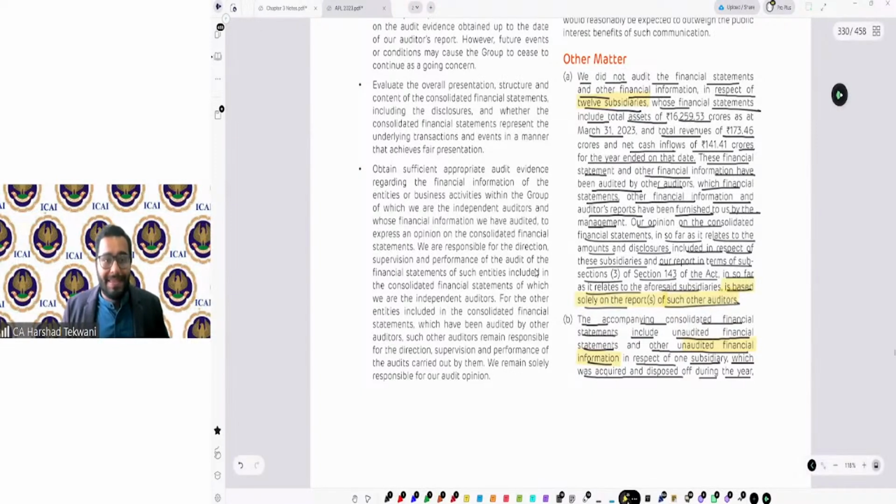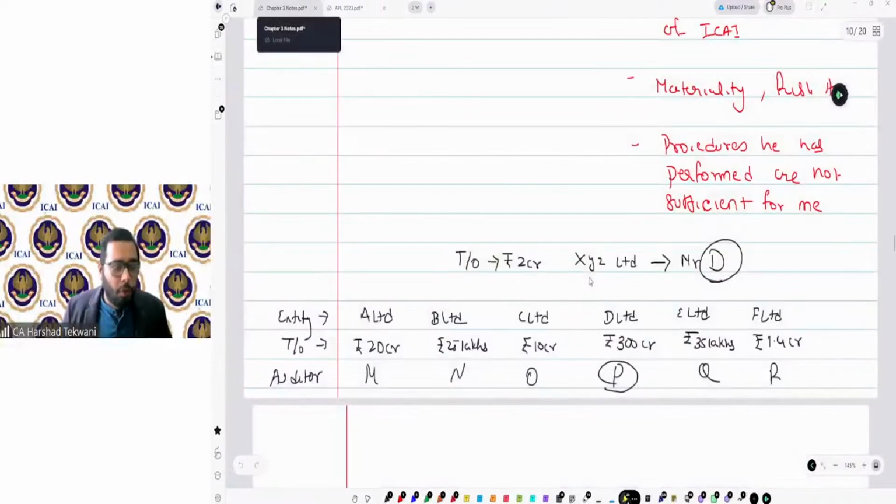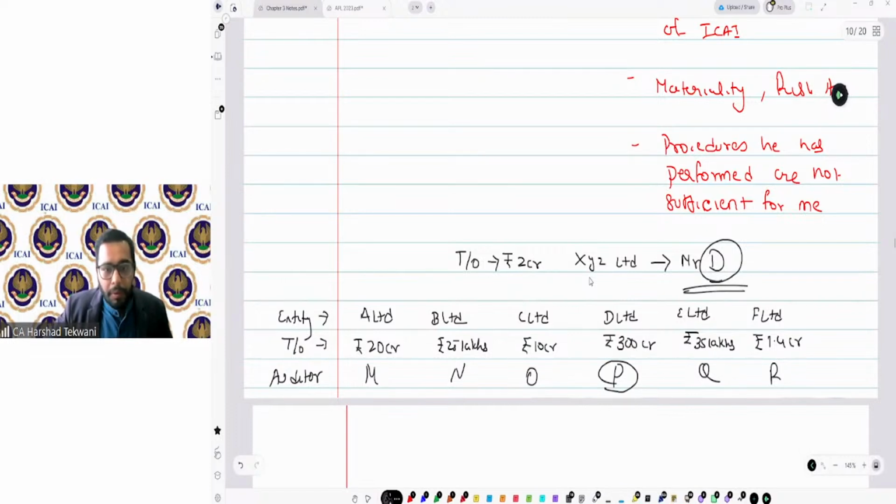So if this is a scenario where they did not audit the financial statements and other financial information, in this case I say that Mr. D will not audit the majority of the consolidated amount.